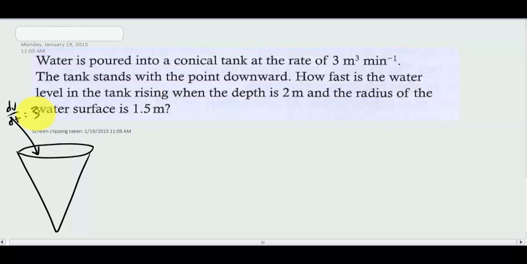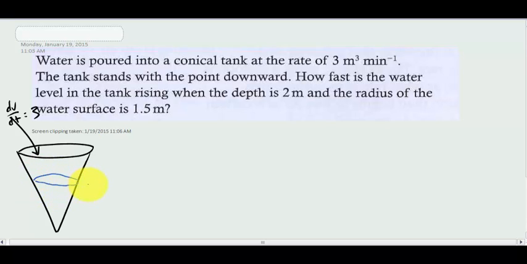Then it says, how fast is the water level in the tank rising when the depth is 2 meters and the radius of the water surface is 1.5? Okay, so we need to draw a little bit more. So we're going to have water in this tank, like that.